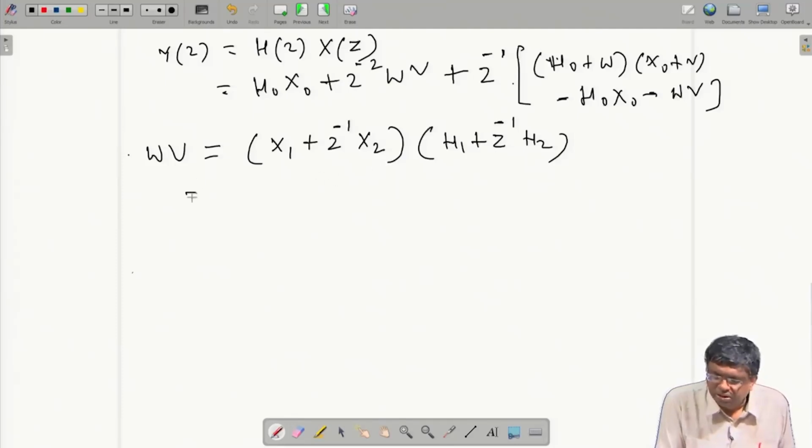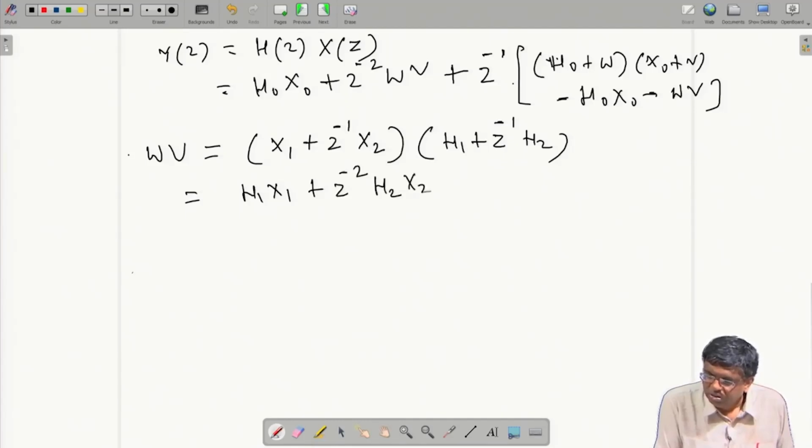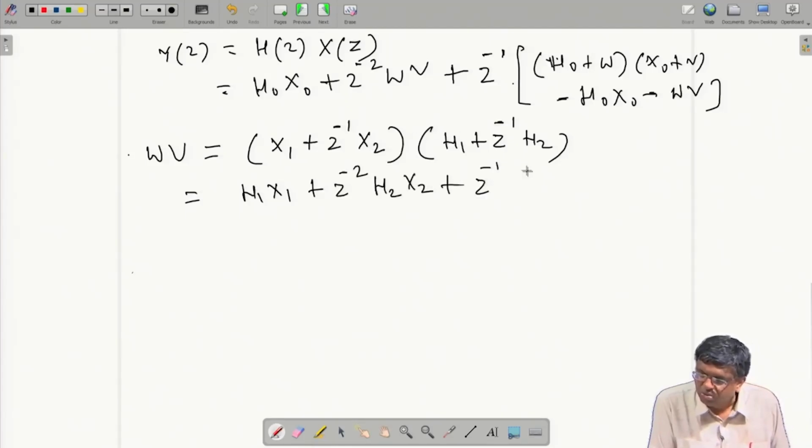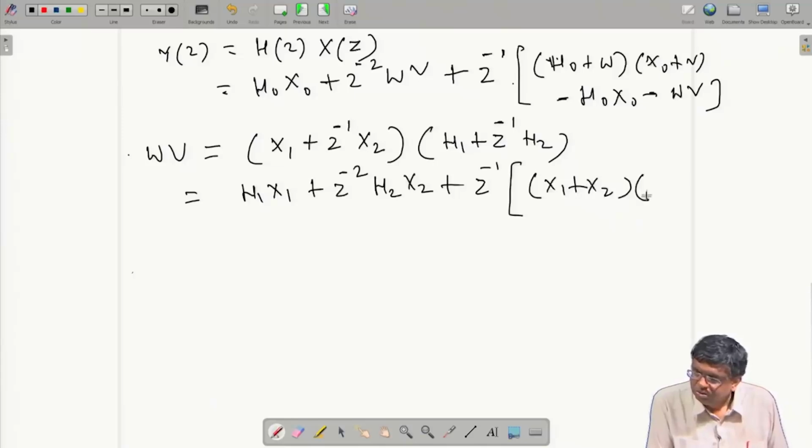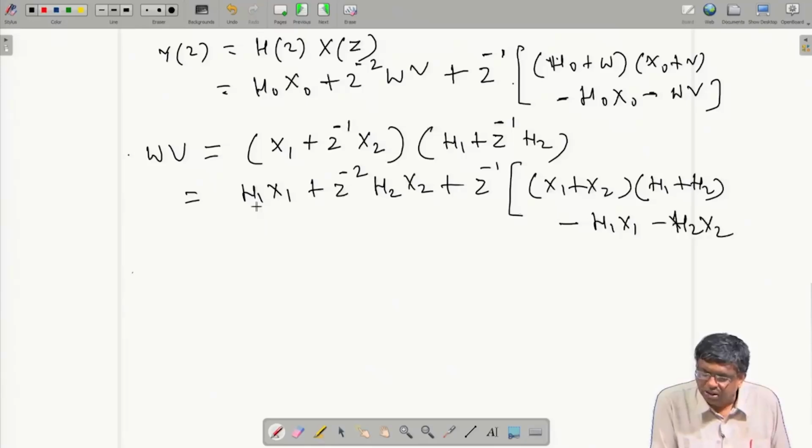Again we write in this way: h1 x1, and another term Z inverse 2 h2 x2. But when it comes to cross terms, take the Z inverse common, I will write again in a similar manner: (x1 plus x2)(h1 plus h2) minus the same h1 x1, same h2 x2. These are already calculated here, so no need to recompute. Okay, so that saves computation like above. This is how I find out WV.